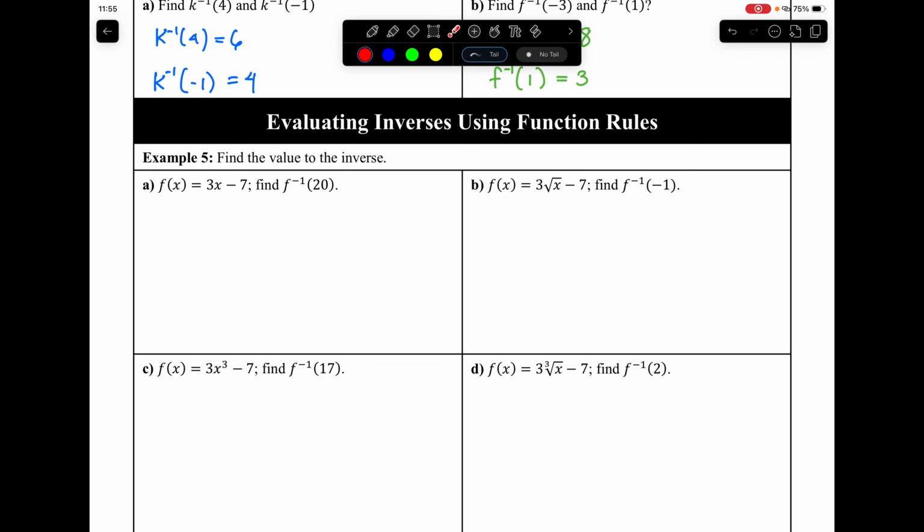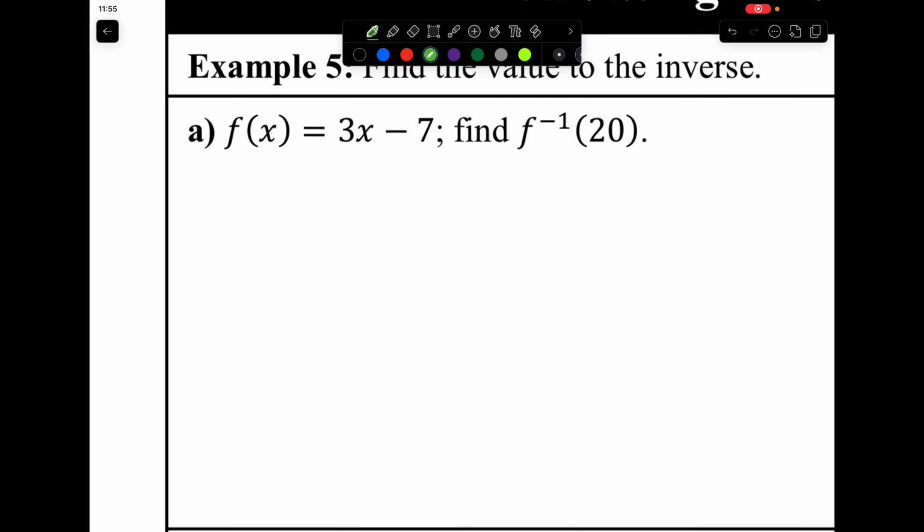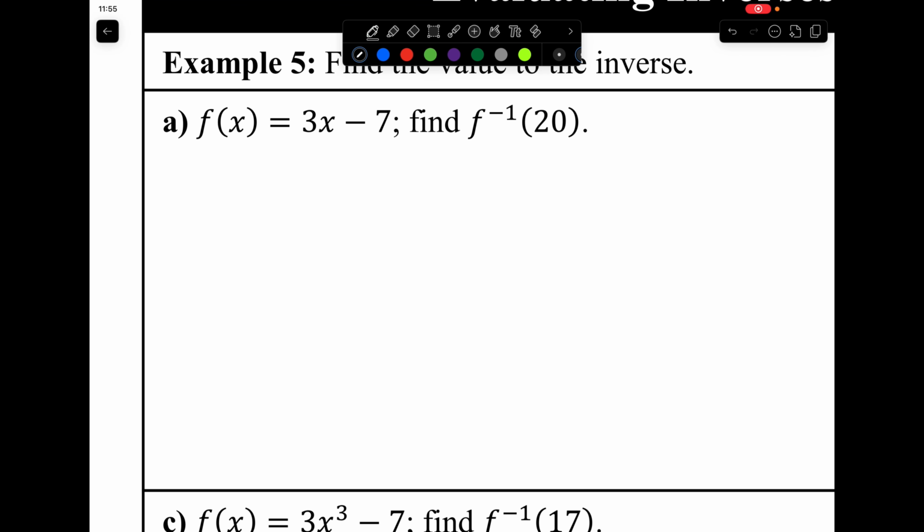Well, again, since we're simply switching the x and y values, remember, f of x is just a fancy way of writing y. So y equals, let me zoom in here, y equals 3x minus 7. And since the inverse is going to switch the x and the y, the inverse of this will give us the equation x equals 3y minus 7.